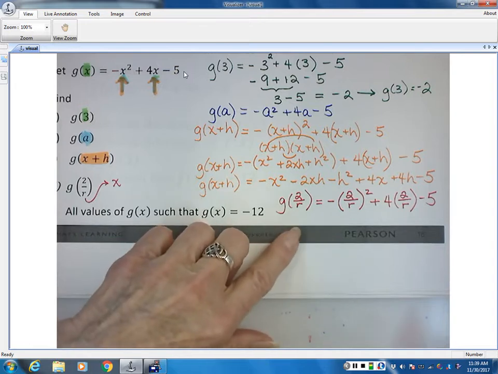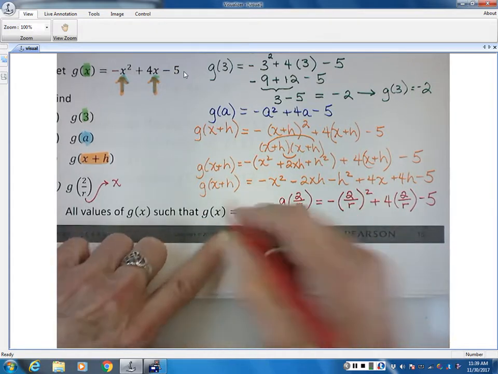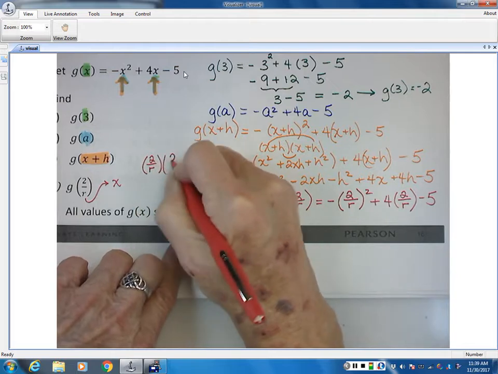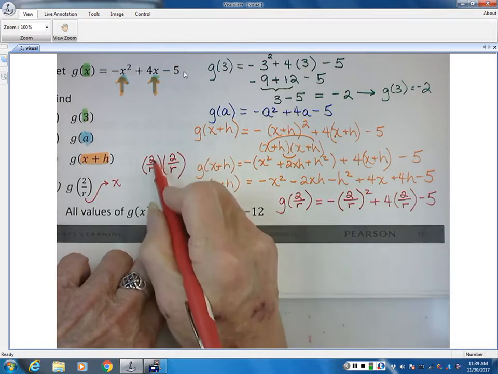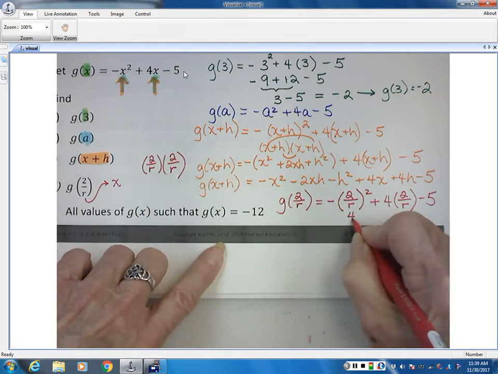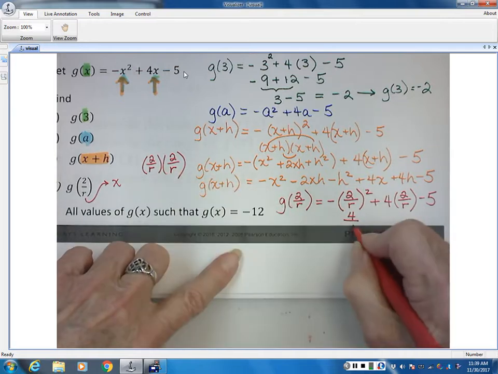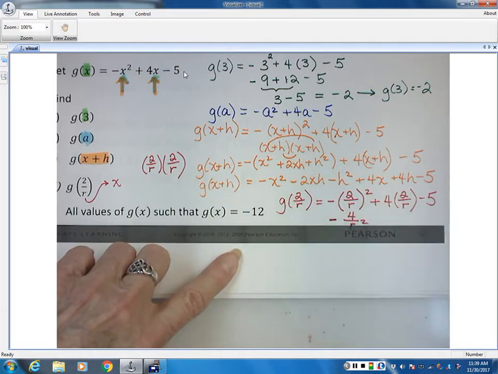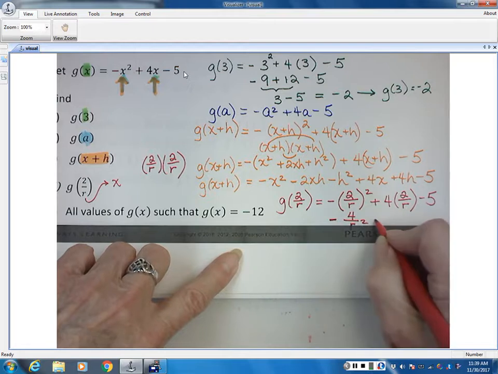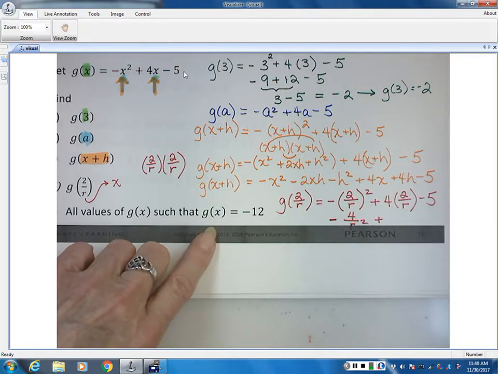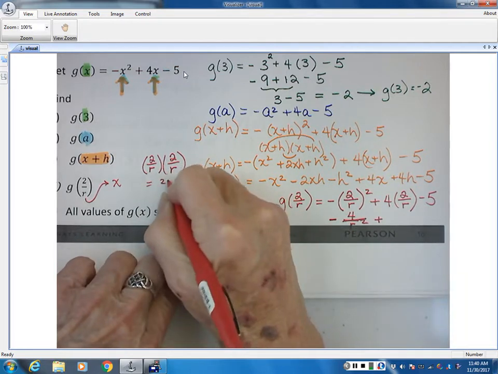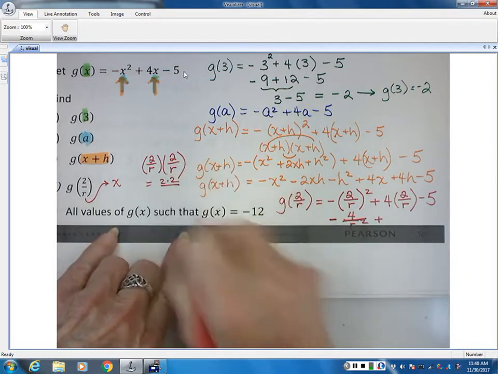And then you remember that (2 over r) squared is 2 over r times 2 over r, and 2 times 2 is 4, and r times r is r squared, and the negative sign in front stays. So that's negative 4 over r squared.